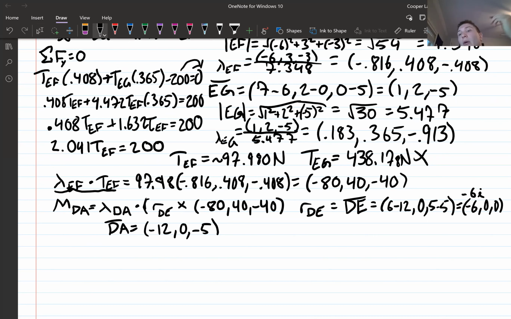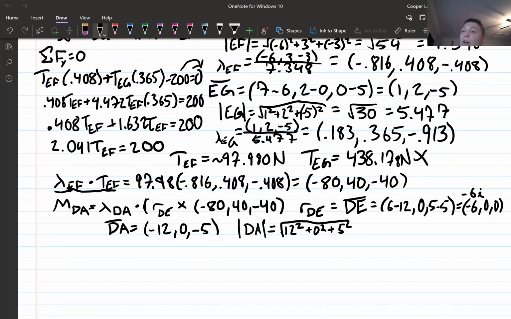Now I go into calculating my magnitude of dA, which ends up equaling the square root of 12 squared. While I'm aware it's negative 12 squared, when you square a negative, it ends up being positive. So I'm just going to write 12 squared plus 0 squared plus 5 squared.